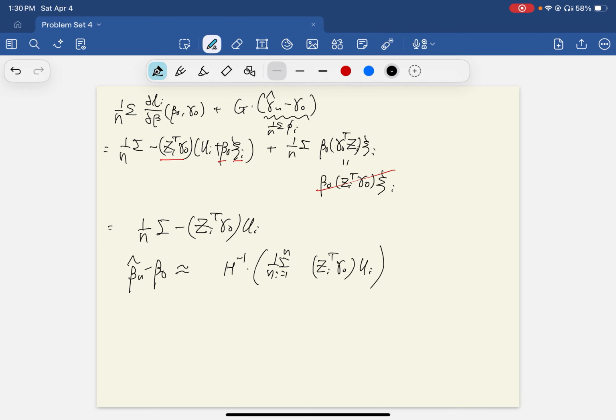So that means you may write this as psi I, where psi I equals h inverse of zi transpose gamma 0 times ui.